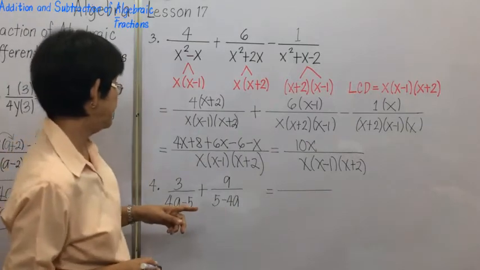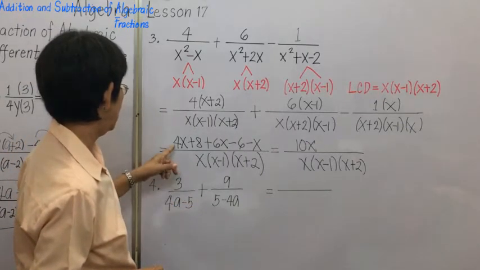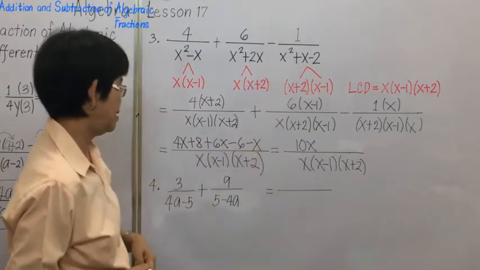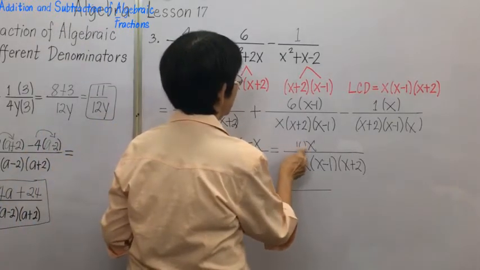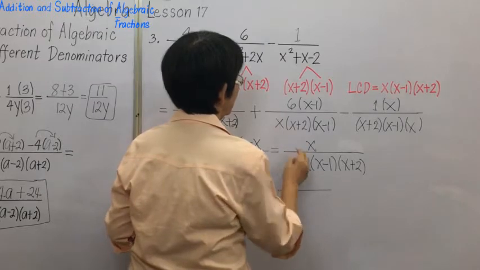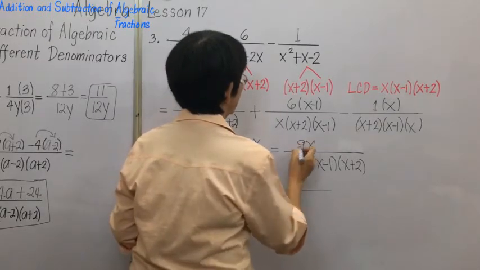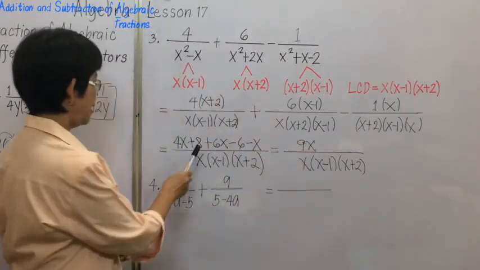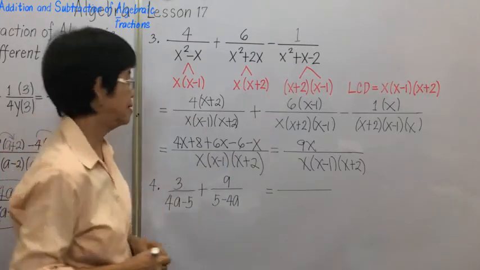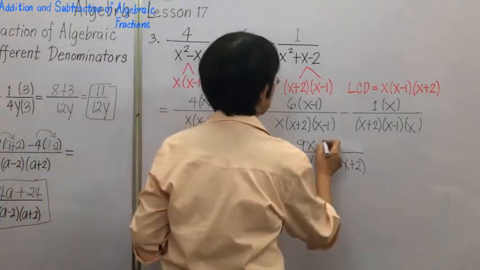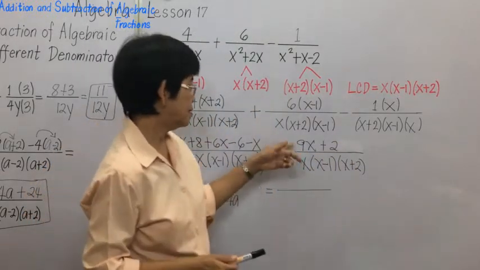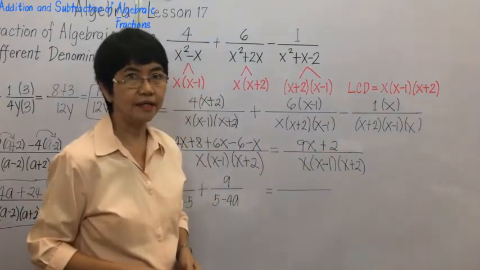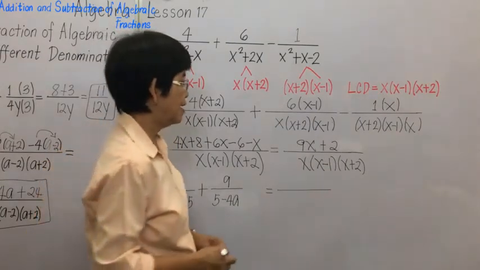And then, we still have a negative x, so this becomes 9x. Then 8 minus 6 is equal to 2. And this is no longer factorable, and that is our final answer.